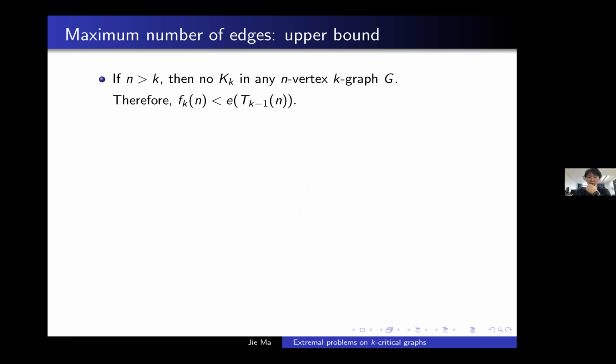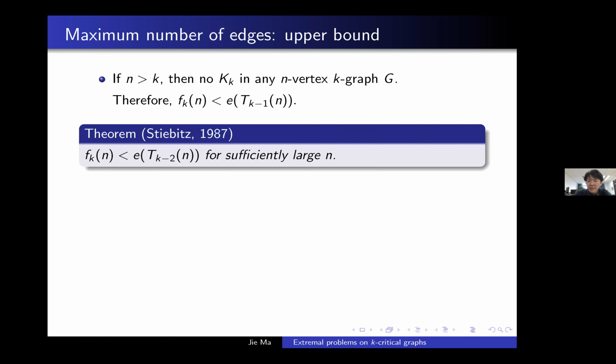Now for the upper bounds, there's a quite trivial upper bound. Assume n is strictly bigger than k. Then we know in such an n-vertex k-critical graph, there's no clique of size k, so such a graph is K_k-free. Therefore, the maximum number of edges is no more than the (k-1)-partite Turán graph, by Turán's theorem.